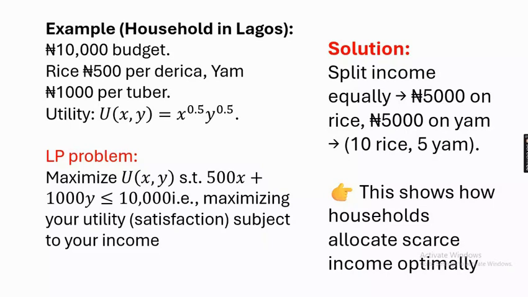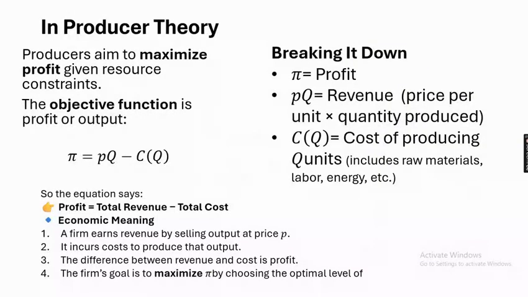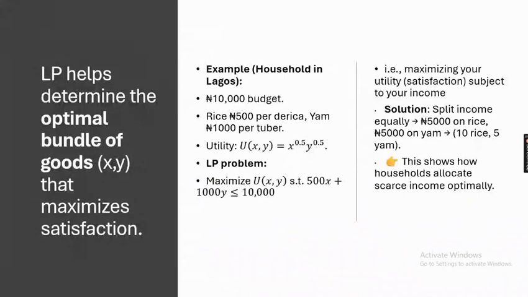Consider a Lagos household with 10,000 naira to spend. Rice costs 500 naira per derica and yam costs 1,000 naira per tuber. The utility function is U of x and y equals x to the power of 0.5 times y to the power of 0.5.